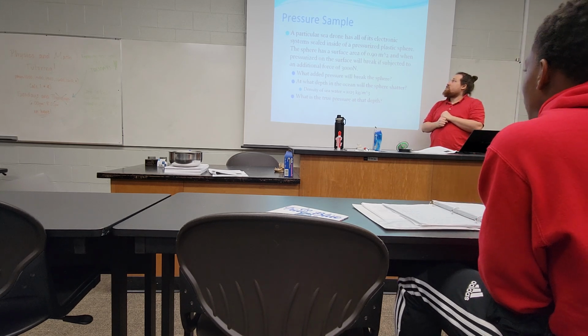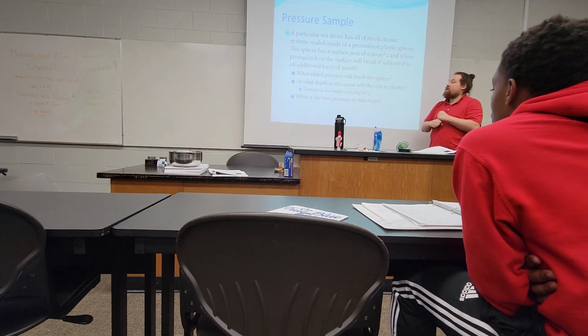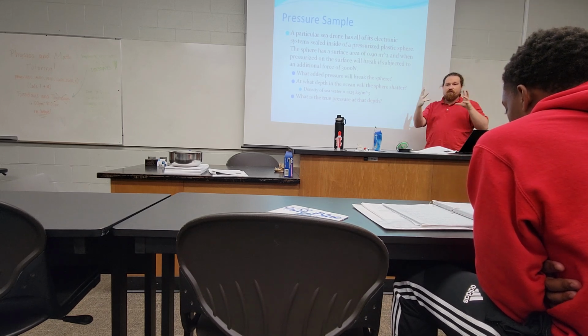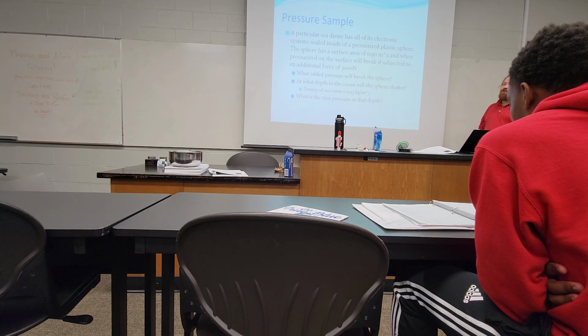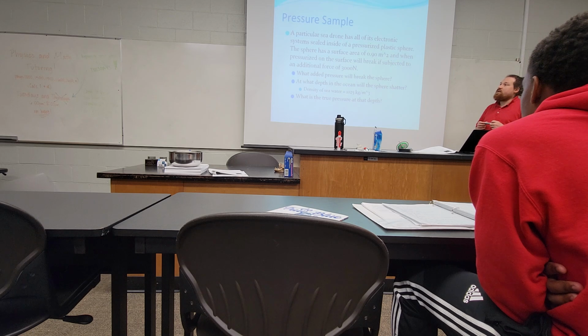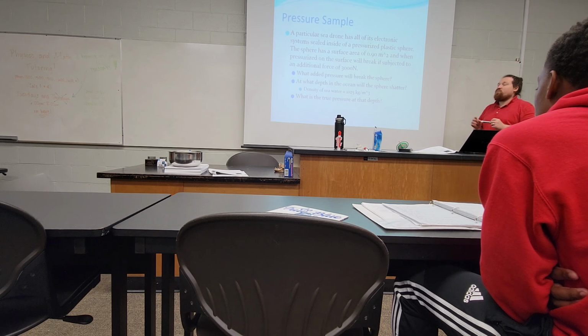Said sphere is going to have an exterior, total spherical surface area of 0.9 meters squared, and when pressurized at Earth's surface, it will break if you add a force of 3,000 newtons to it.